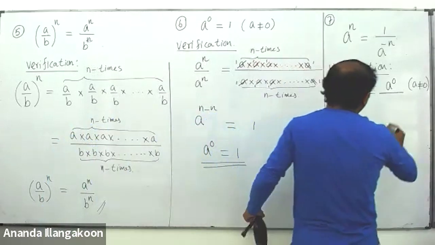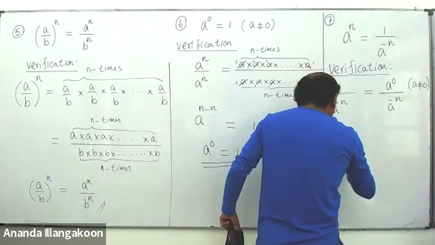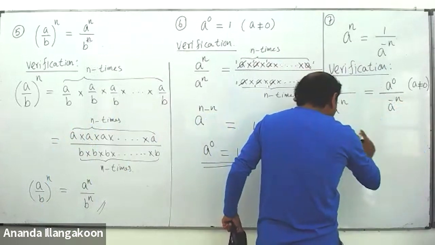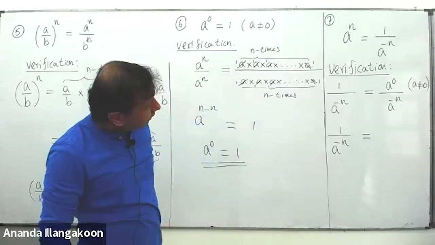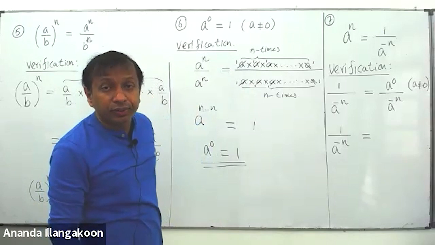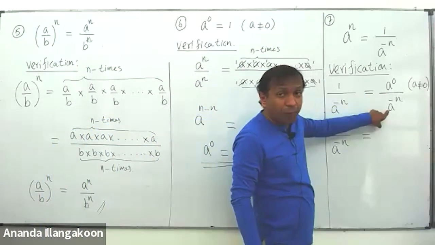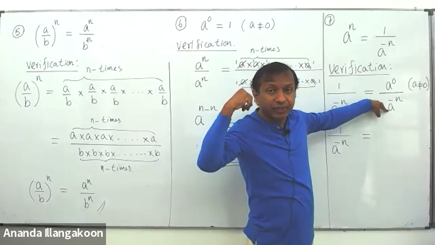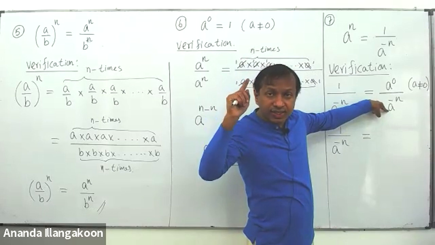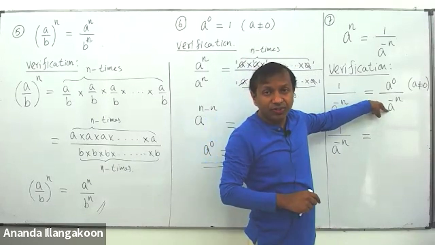So here, a to the power 0 over a to the power minus n on the left hand side. Now to the right, here we have base a, here we have base a, the numbers being divided. Then you can apply the second index law to simplify this.